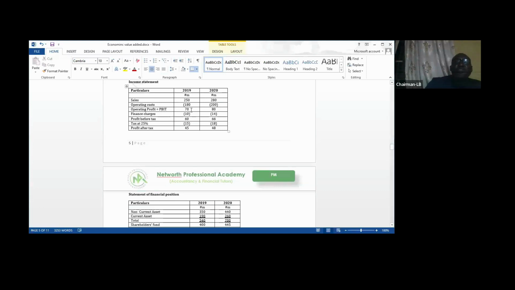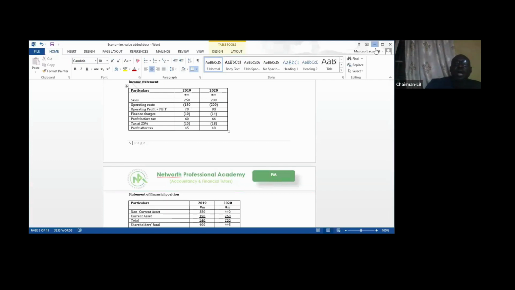What is profit for 2019? Operating profit, 70 million. 2020, 80 million.